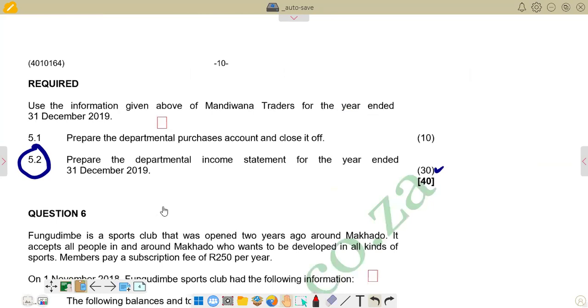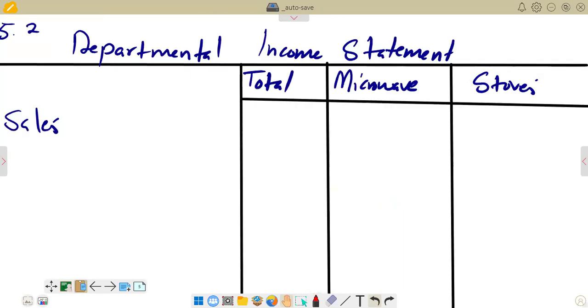Come here on the other section. For sales, we can start with the calculation for microwaves: 449,800, and then you subtract the sales returns, which is 10,500.